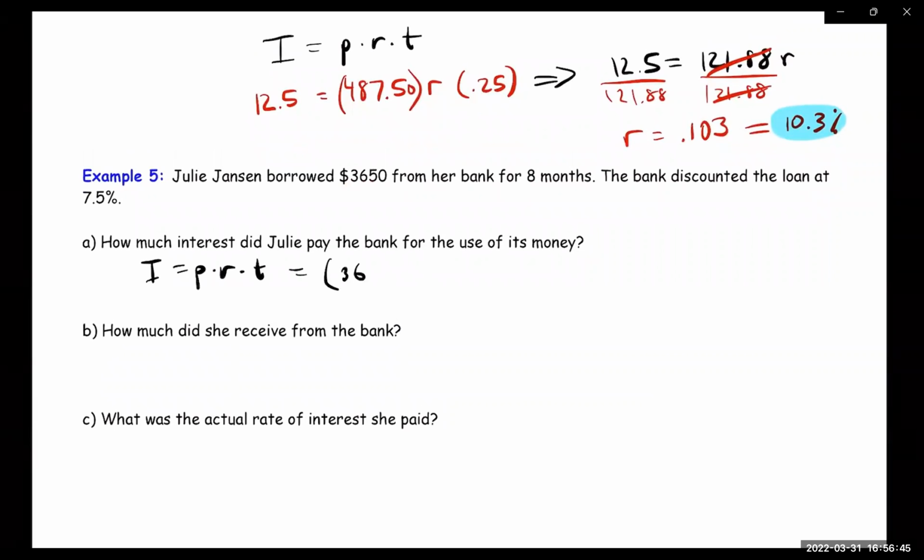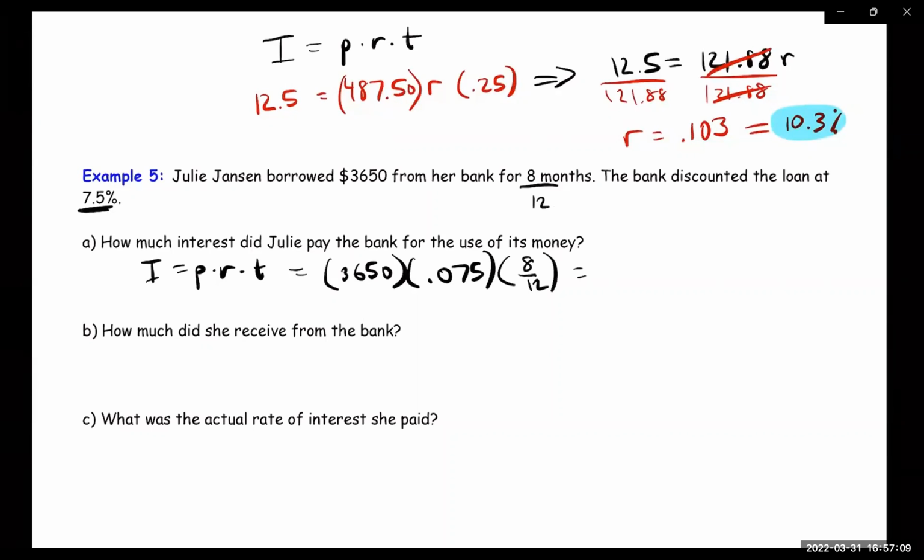The principal is 3650. The interest rate is 0.075 if you convert that to a decimal. And then the time, 8 out of 12, is 2/3, I believe. We can just leave it as 8/12 if you want.